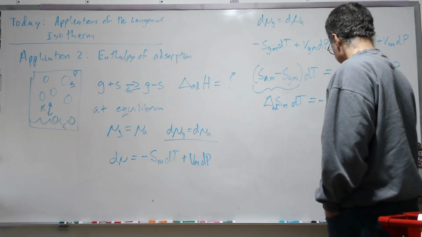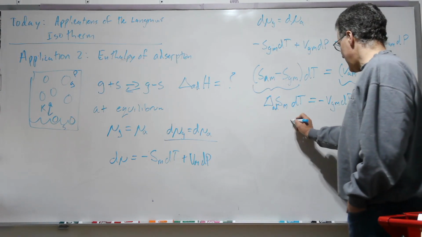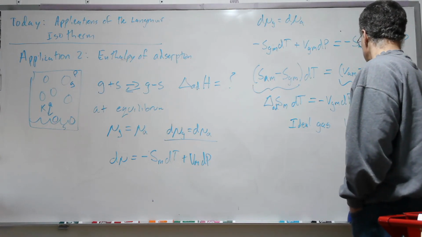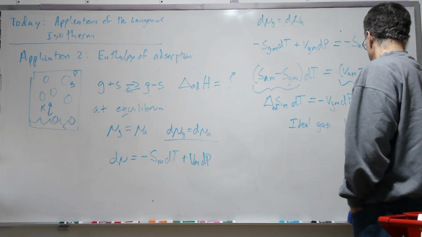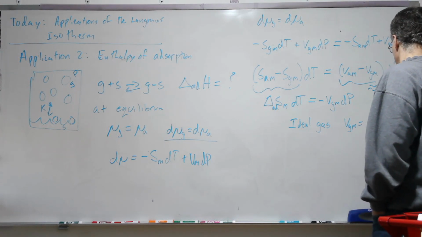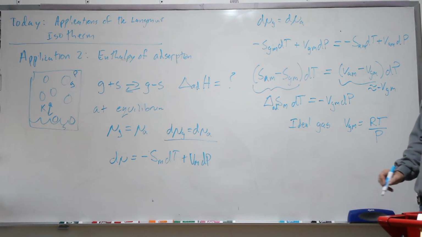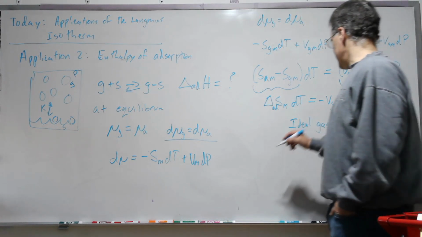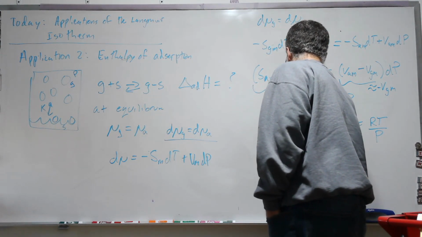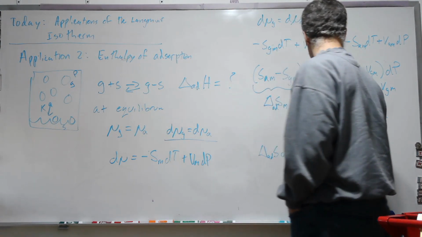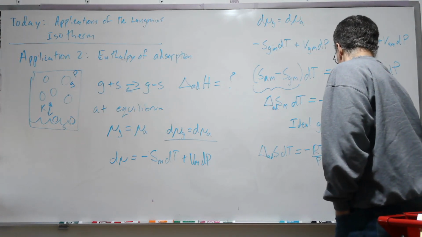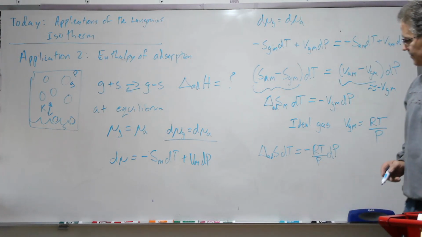So now, for an ideal gas, V G molar is RT over P. So we can put this in, and we get delta S adsorption dT equals minus RT over P dP.